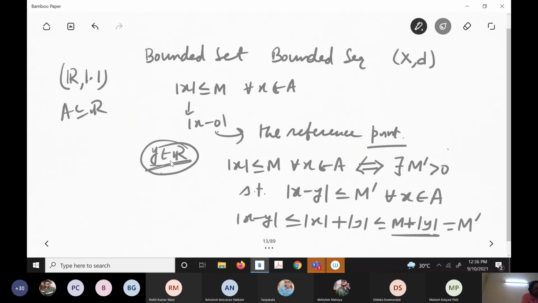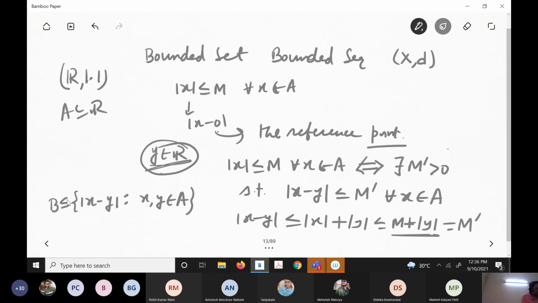How to do that? Look here, I take these numbers. Don't confuse with that y, where x, y belongs to A. The distance between any pair of points in A. We are taking this collection.